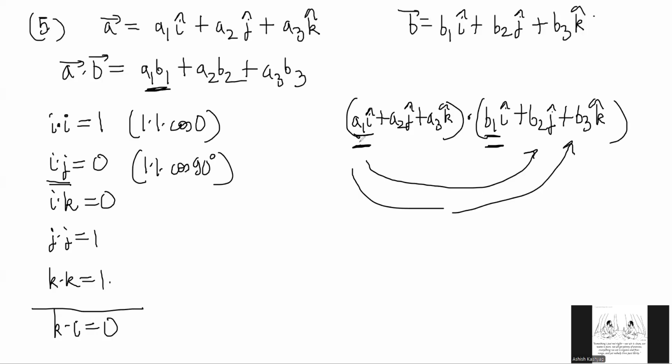But when you do dot product of A1 i cap with B2 j cap or with B3 k cap, you will end up with 0, because i dot j is 0 and i dot k is 0. So similarly, if you do every term, you will end up with these three as your answer. So that is a way to find out the dot product of two vectors if they are given in terms of their components, right? Okay.